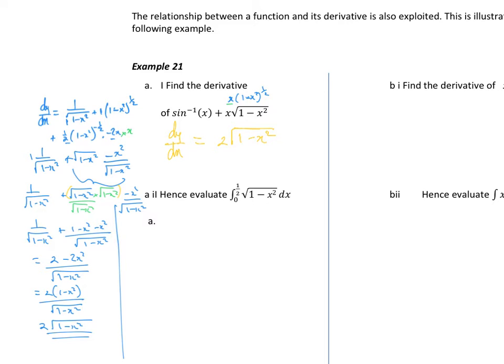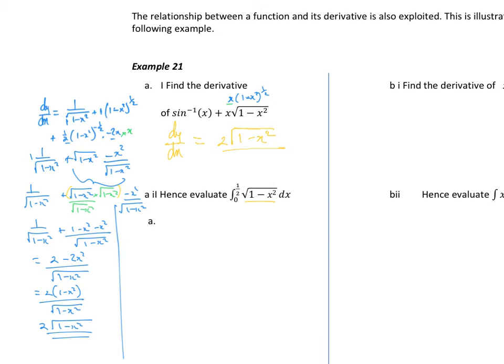Hence, evaluate the antiderivative. So this is probably something we haven't covered yet in methods. It's going to be integration by recognition, isn't it? So what does it mean? I need to work out that expression here, which is just about that expression there.